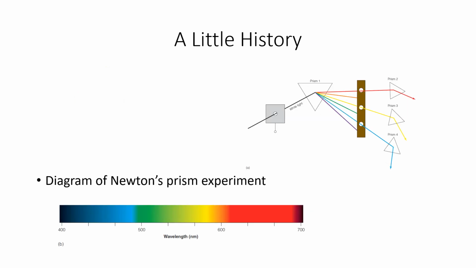And how did Newton actually gain evidence of this? Well, he performed an experiment where he allowed white light to come in through a card with a circle taken out of it, so the white light is coming through just one little area and going into a prism, and we're seeing the rainbow.